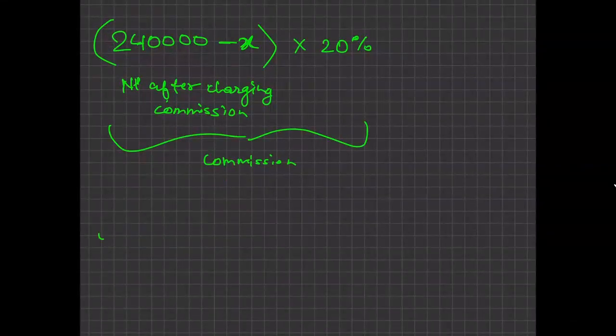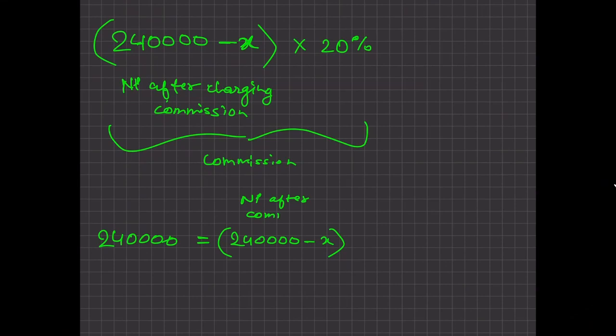So now what is the whole equation? 2,40,000 is equal to 2,40,000 minus X. This is net profit after commission. This is my net profit before commission.